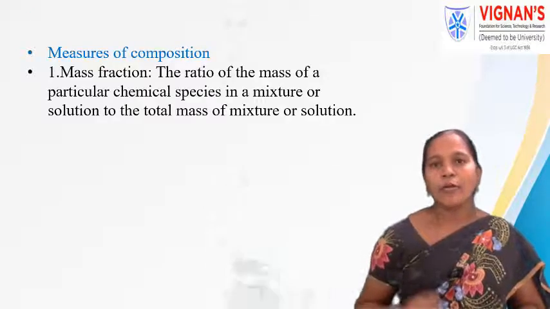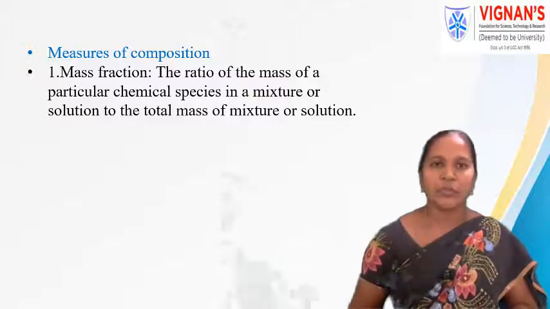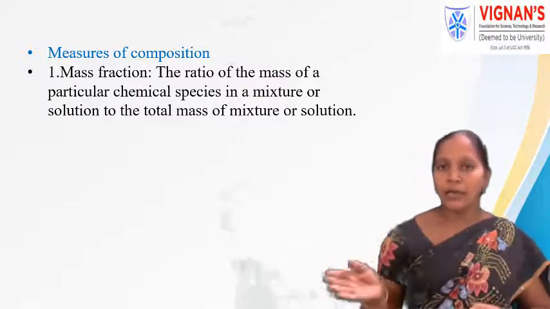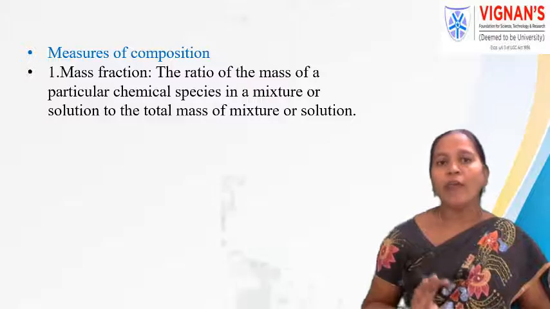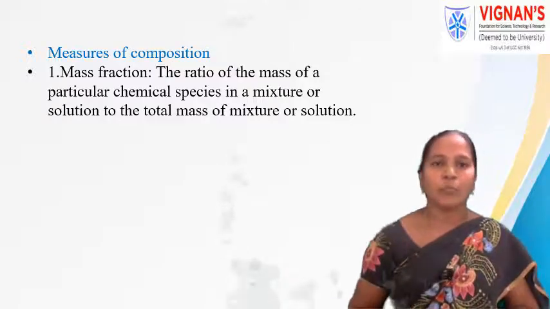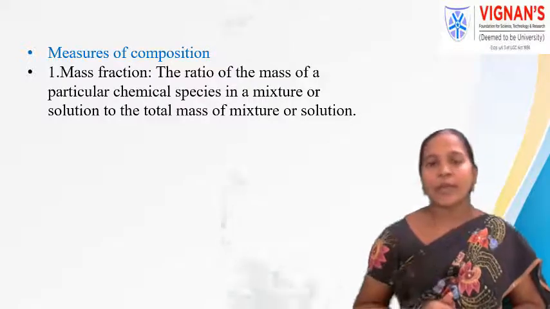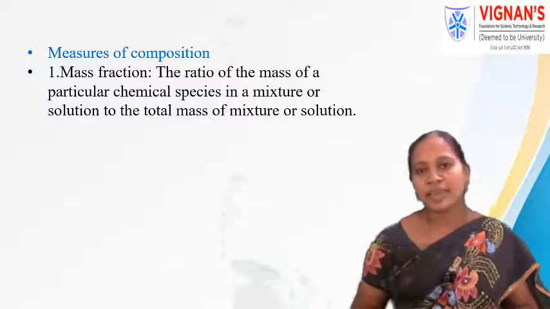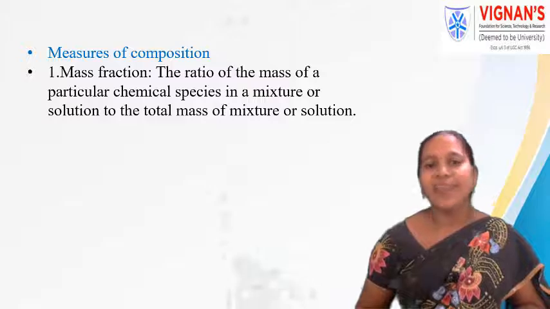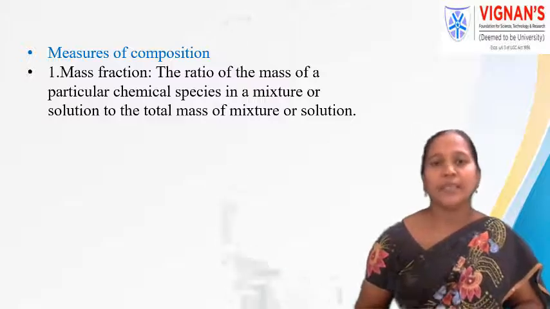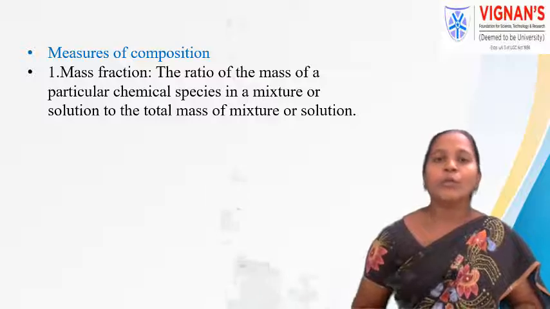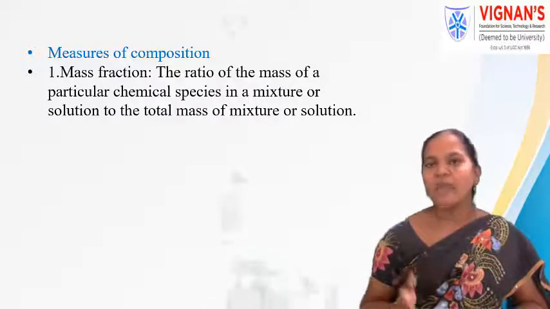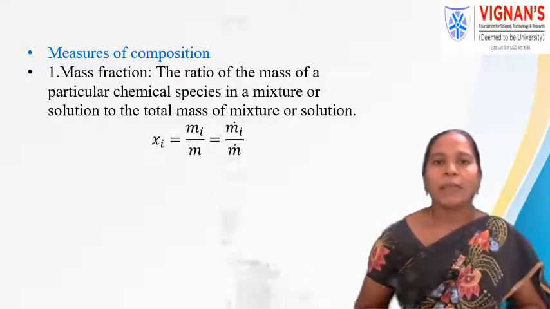There are 4 measures of composition. How to measure the composition? First one is mass fraction. Mass fraction is defined as the ratio of the mass of a particular chemical species in a mixture or solution to the total mass of the mixture or solution.